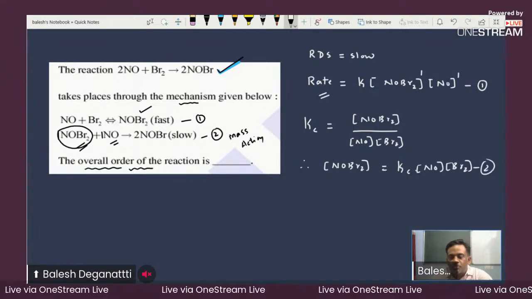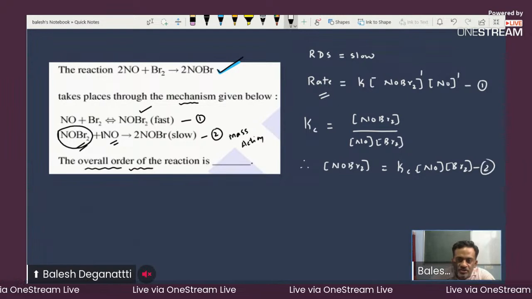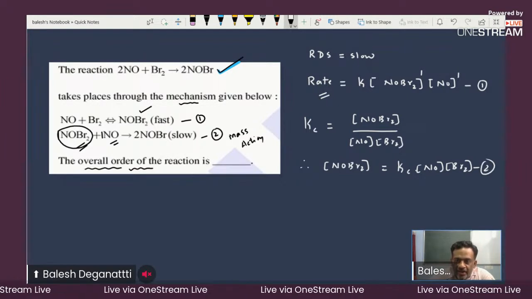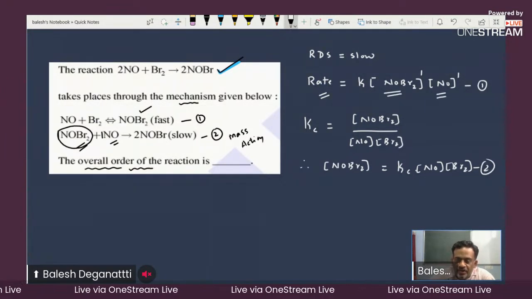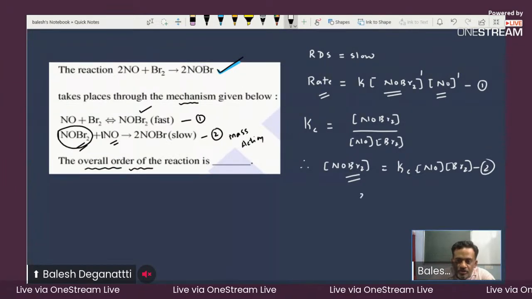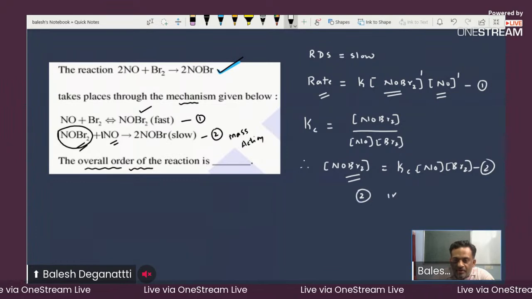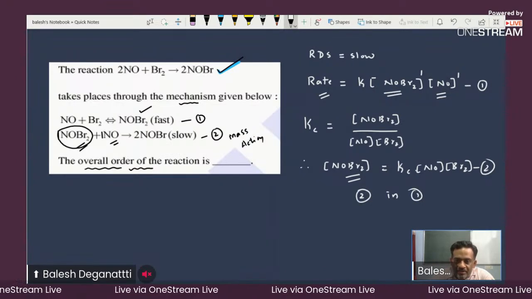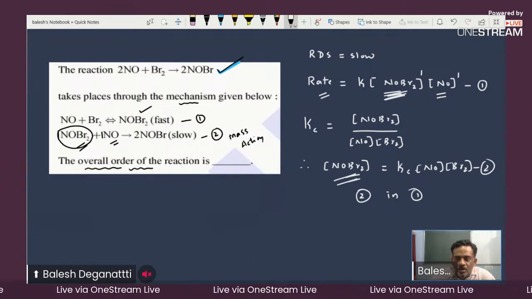This I'll take as point number 2, right? So in the first one, the rate is equal to K into NOBr2 into NO. In the second one, value of NOBr2 I am getting. So this NOBr2, I will substitute 2 in 1. Because in second equation I am having the value of NOBr2. The value of NOBr2 will be substituted in equation number 1.